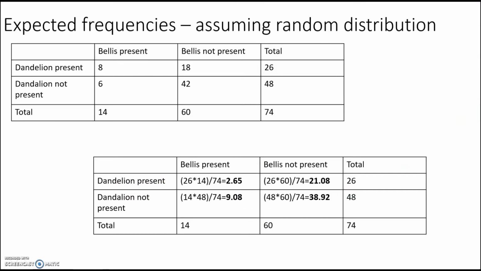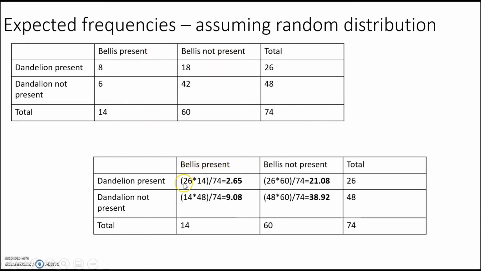Then we move on to calculate the expected frequencies. We do that by assuming that the species were randomly distributed. So the theory behind the expected numbers is that these two species have a random distribution. I need my observed numbers to calculate my expected numbers, and I do it like this.